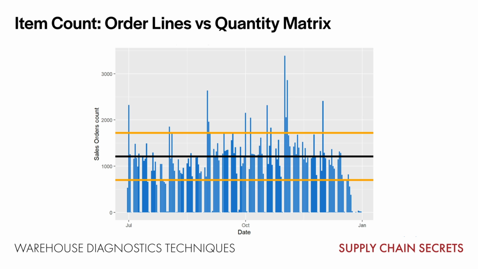I suppose a key out of this is that you never want to design your warehouse or staffing levels for those absolute peaks. So above that top orange line, you'd generally be covering that off with overtime, casuals and things like that. So your staffing is really to cater for the volume between those two orange lines. So that's a really interesting and useful technique to have a look at.